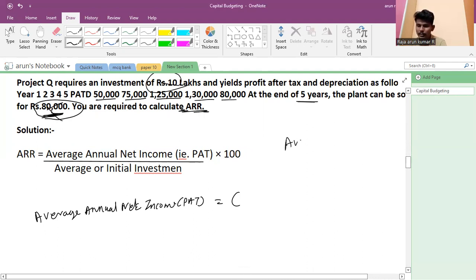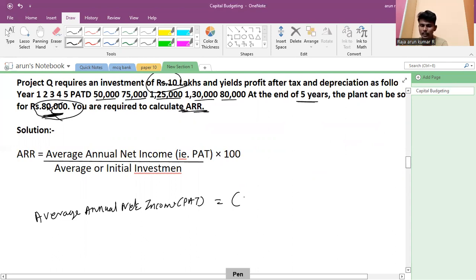We know the average stock formula: opening plus closing stock divided by 2 is equal to average stock. Here we can use the same concept. We follow that average annual net income of PAT.